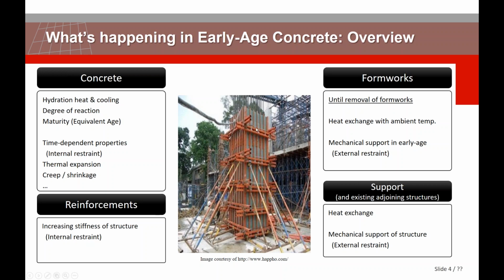And after removal, the concrete surface will be exposed to the air, and then we can observe direct heat exchange between the concrete and the air. And actually, this formwork works as mechanical support in early age until you remove it, and we can say this works as external restraint.